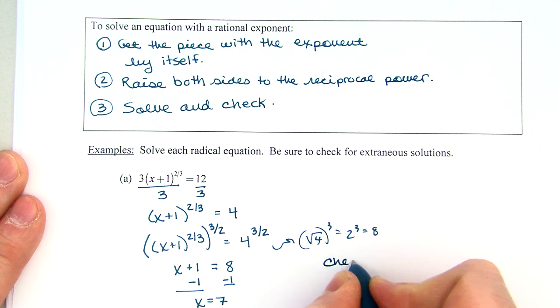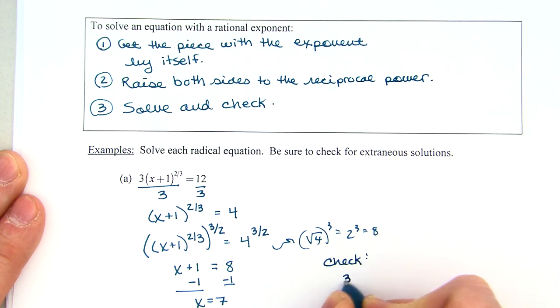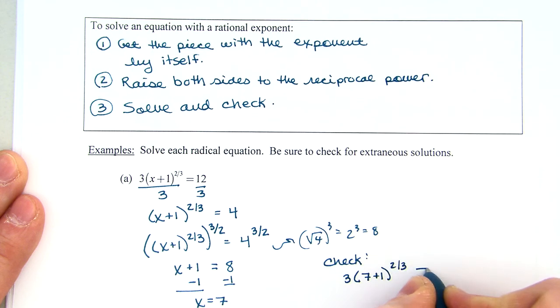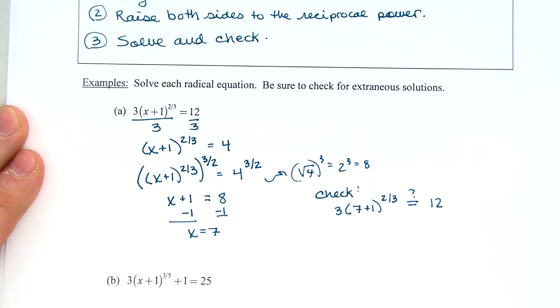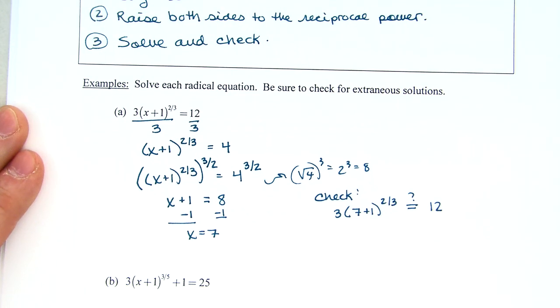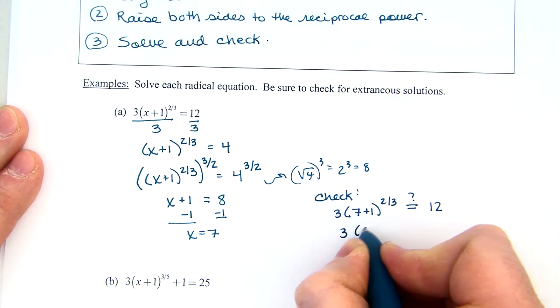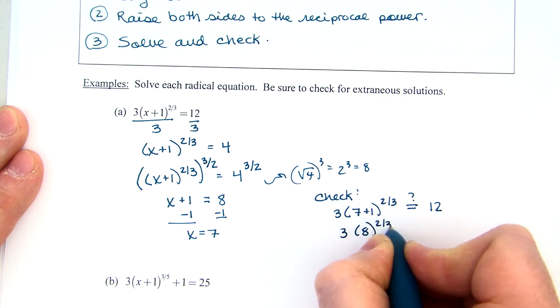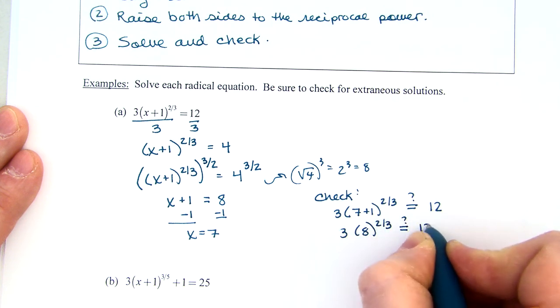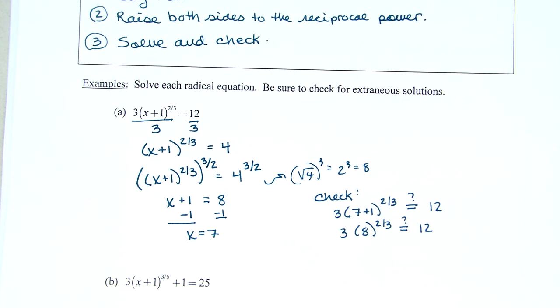For my check, I'm going to say 3 times 7 plus 1 to the 2/3 maybe equals 12. So that's 3 times 8 to the 2/3 maybe equals 12. 8 to the 2/3, so cube root of 8, 2, squared is what?